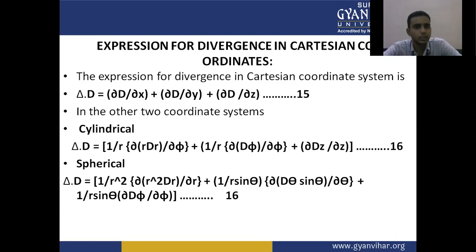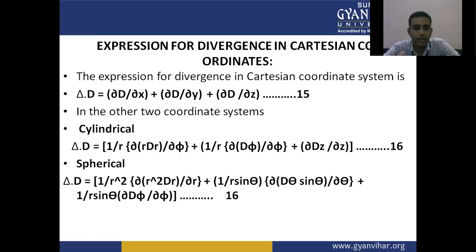In the cylindrical coordinate system, the divergence is represented as del dot D equal to 1 upon r del (r D_r) over del r plus 1 upon r del D_phi over del phi plus del D_z over del z. This is the relationship between the divergence and the cylindrical coordinate system.